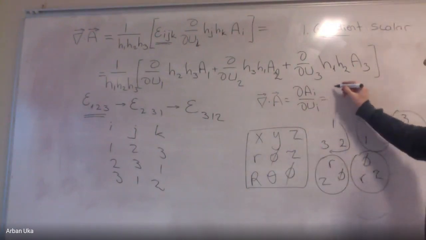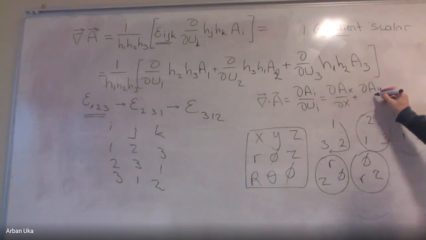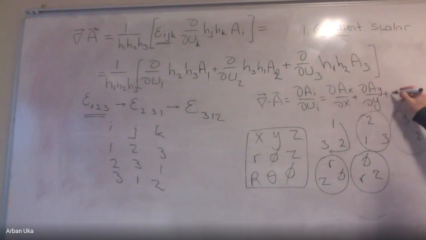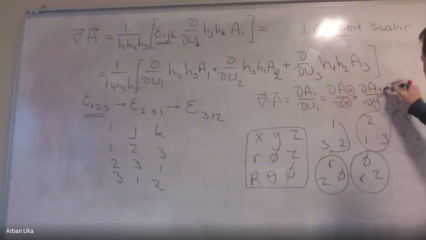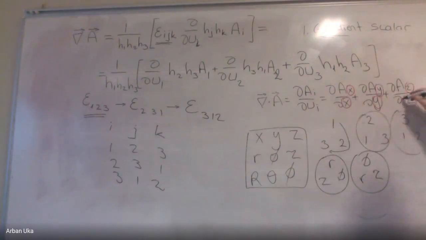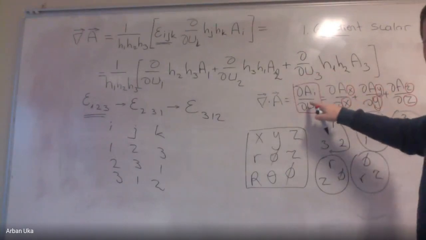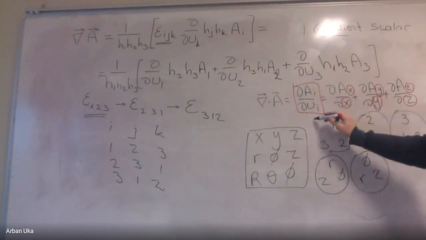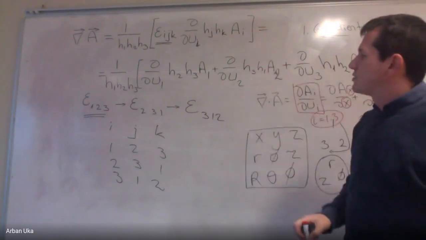Instead of writing the same story all over again: derivative of Ax with respect to x, then derivative of Ay with respect to y. You repeat yourself so much, and we are changing only these terms, but you are spending so much time and effort writing down so many terms. So rather than all of these, you can just opt to consider this one, knowing that i is from 1 to 3. The same notation can be used also there.